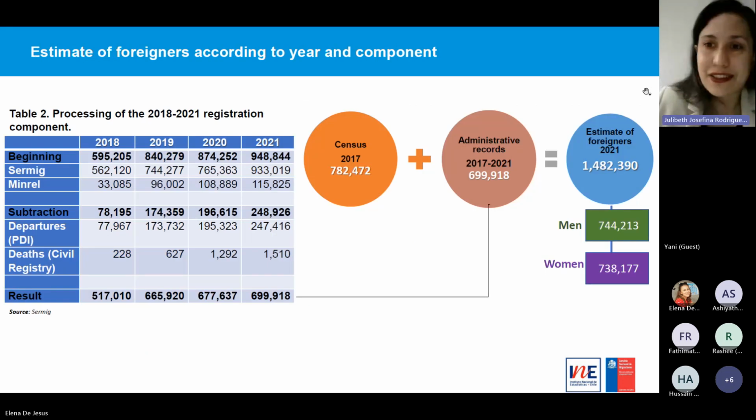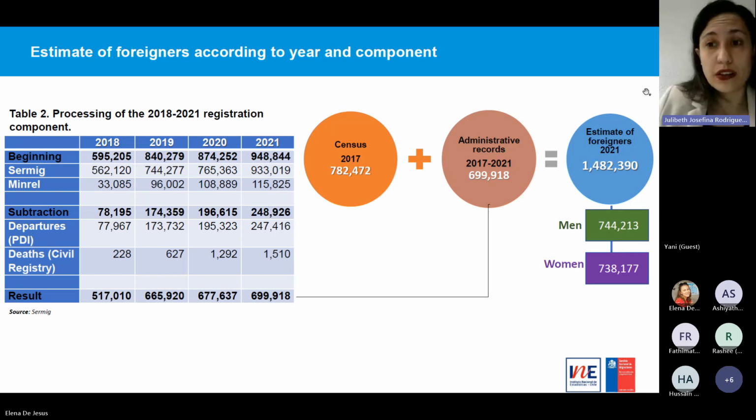So the consolidated information from administrative records is added to the census at macro level, as I said before, according to variables such as sex, age group, country of birth or nationality, and place of residence. And as you can see in table 2, the administrative record component includes nearly 700,000 people, making up 47% of the total estimate.